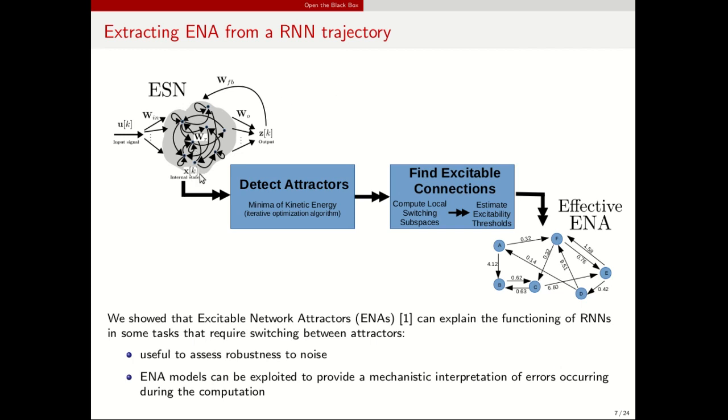We provide as input a trajectory of a recurrent neural network while it is solving a task. So first we detect the attractors of the system, and then we find the excitable connections between them. And also we try to estimate the excitability thresholds of those excitable connections.